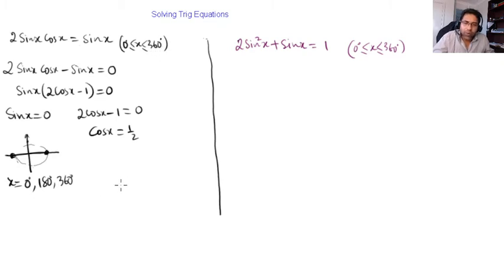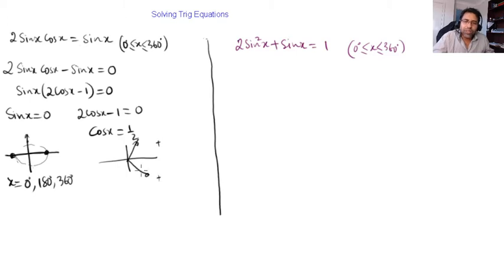Now for the second equation, cos x is positive. Cos is positive in the first quadrant and the fourth quadrant, and half. We know that 60 degrees gives you half. So it means 60 degrees sitting there and 60 degrees sitting here.